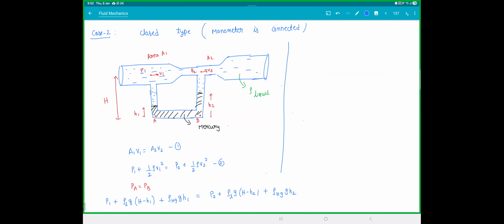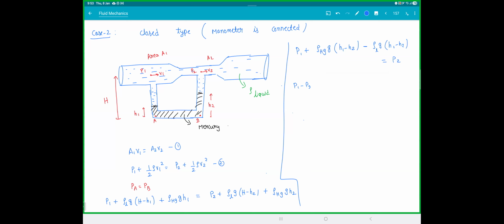Now, if you simplify that, you get P1 plus, the capital H term will cancel off, you end up with rho mercury G (H1 minus H2) equal to P2 plus rho liquid G, actually no, this side only will come, rho liquid G (H1 minus H2) equal to P2.